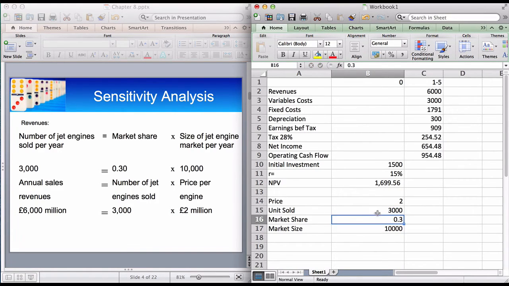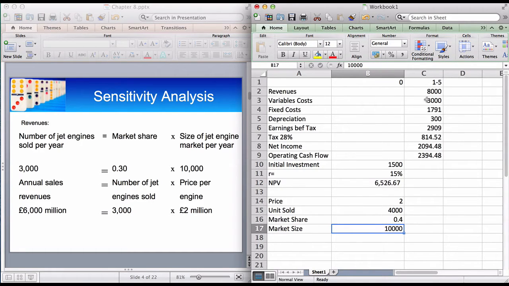And this allows us to say, well, okay, what happens if the market share is 0.4? You'll see that if we set the spreadsheet up, our NPV is greater, and this 0.4 has an impact on the units sold, which then has an impact on the revenues, which then has an impact on the operating cash flow, which has an impact on the NPV.